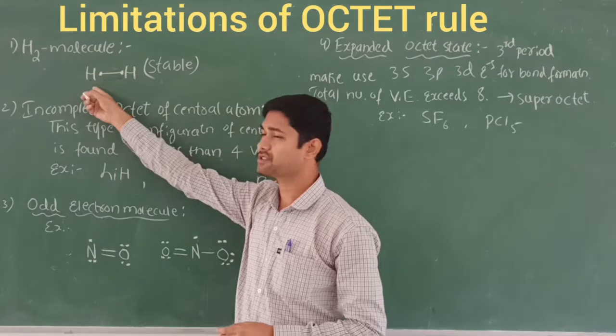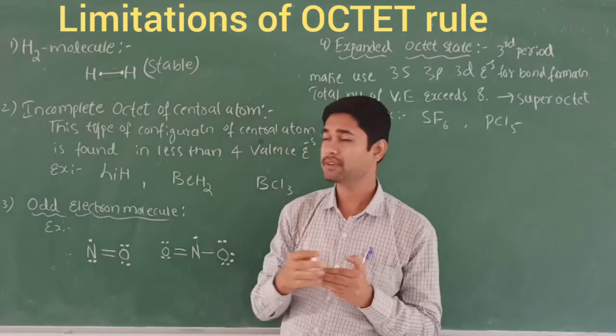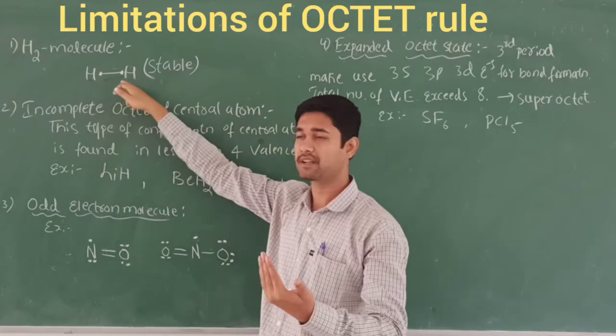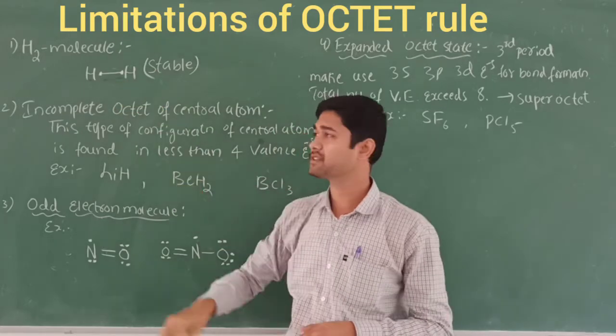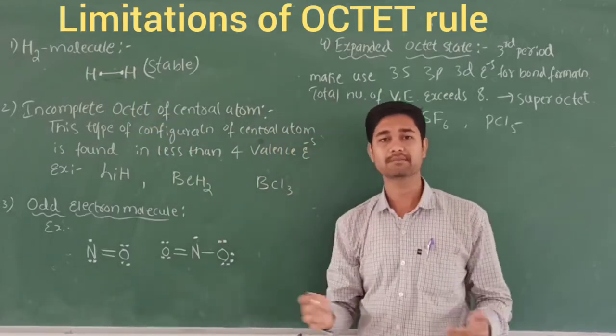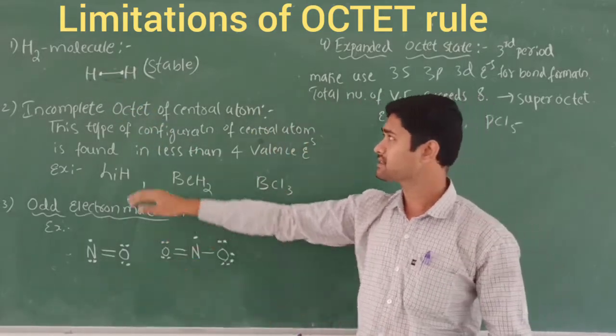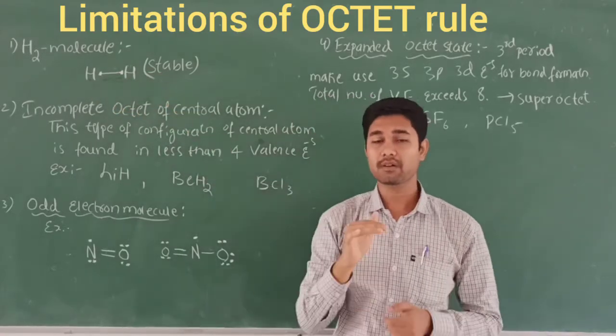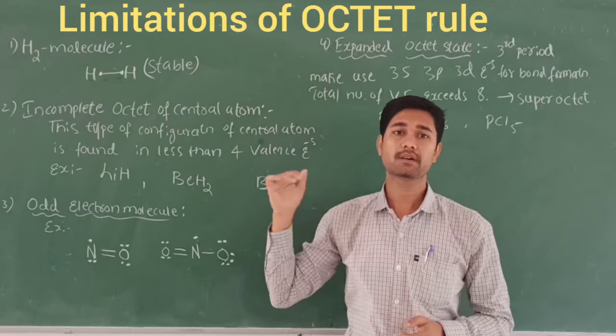That's why this hydrogen makes a bond with another hydrogen, sharing the 2 electrons between themselves. Now it becomes stable because when you count the electrons, 1, 2, 2 electrons is nothing but helium, and helium is stable. Like this, to maintain stability they make a bond, but they do not follow the octet rule.